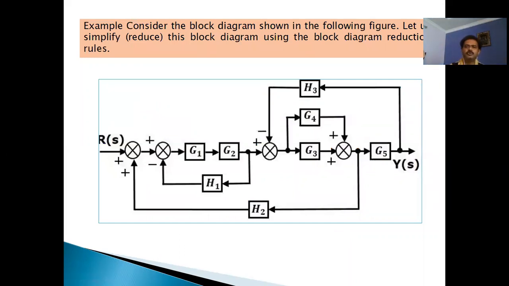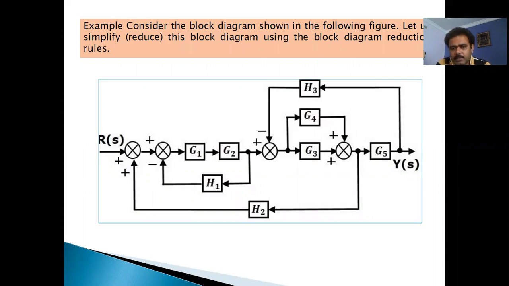Consider a block diagram shown in the figure. Let us simplify or reduce this block diagram using the block diagram reduction technique or reduction rules. Draw this figure neatly. So we have to reduce this.